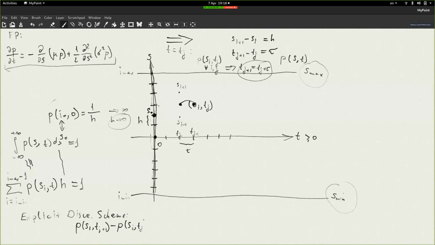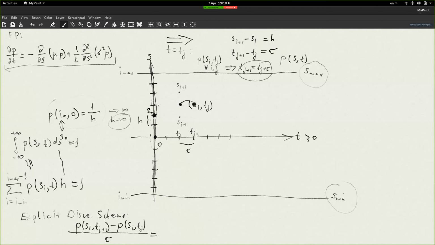We replaced our derivative by a finite difference, right? We used a very simple first-order finite difference approximation for our probability density.